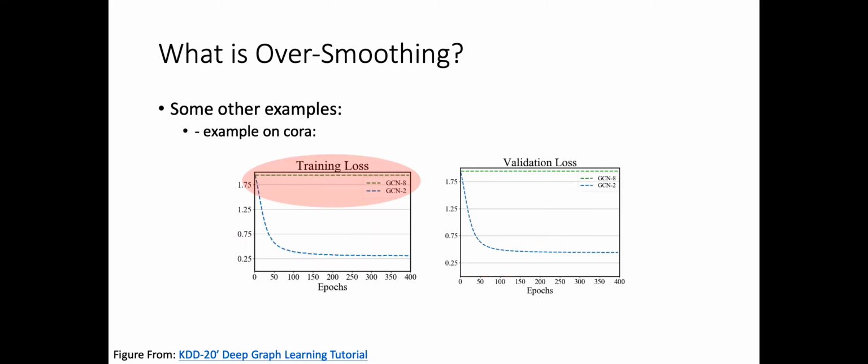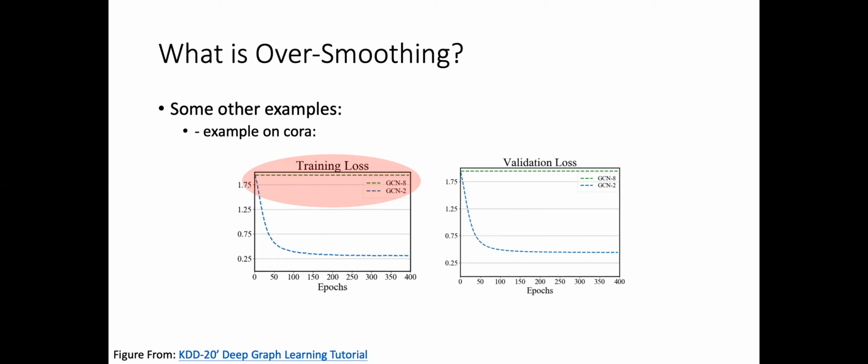Here is another example of the oversmoothing phenomenon. This time, instead of showing the distribution of the node embeddings, we check the loss curve during training and validation. This example is on the Cora dataset and the node classification task. The green curve corresponds to the 8-layer GCN, while the blue curve corresponds to a 2-layer GCN.